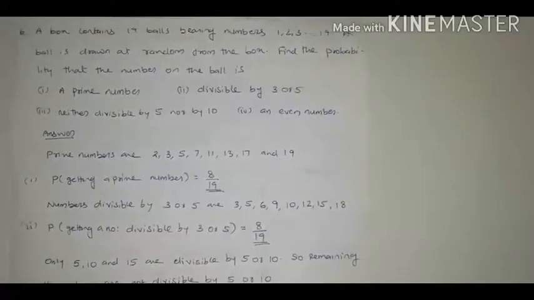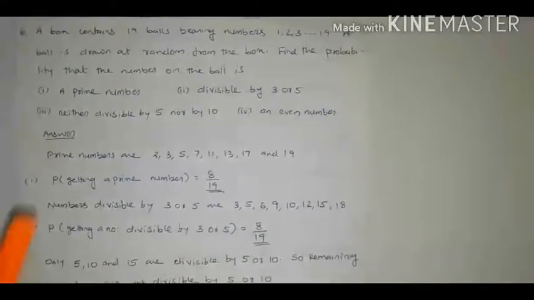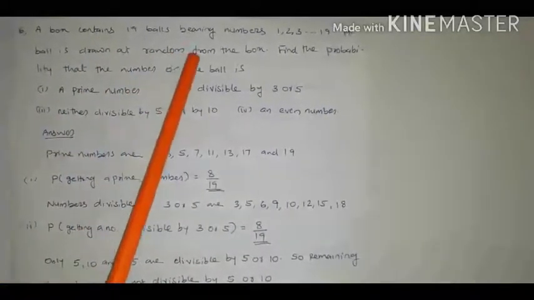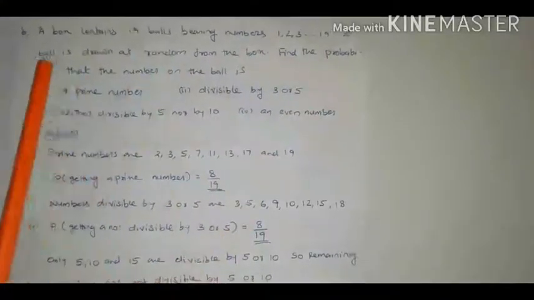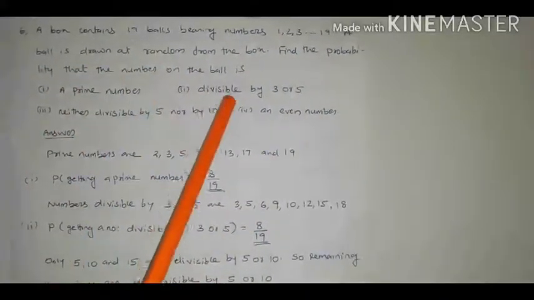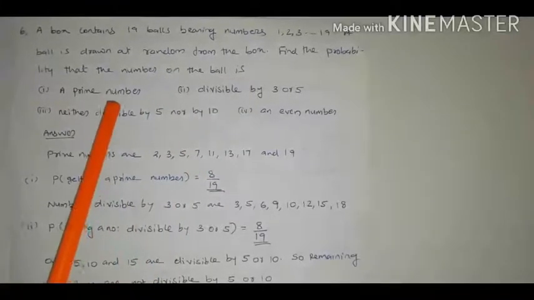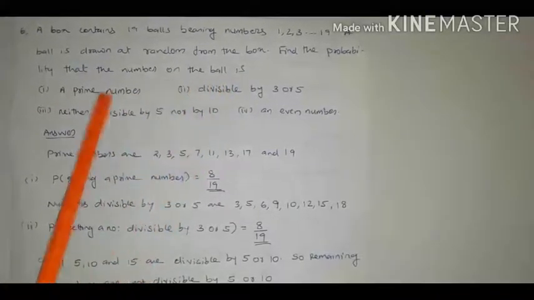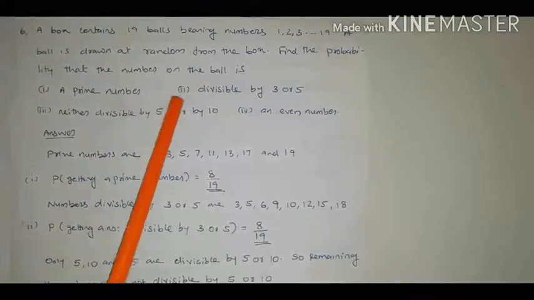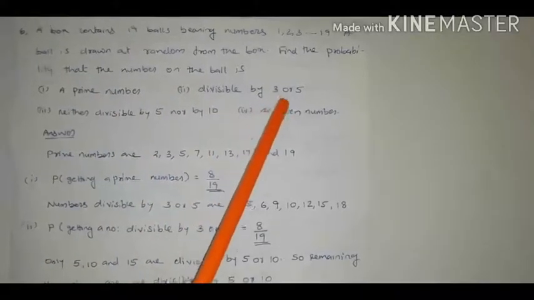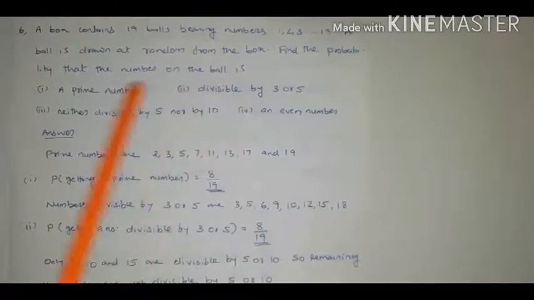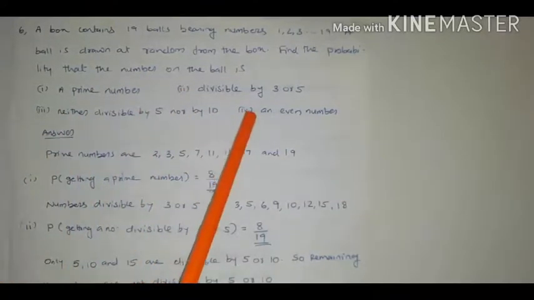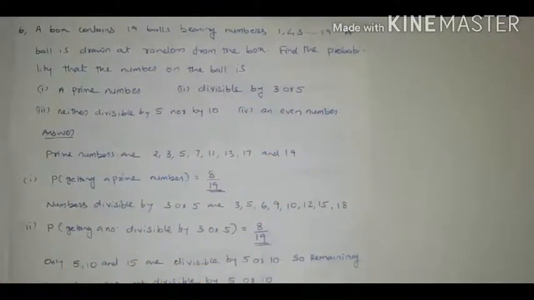And the next question: a box contains 19 balls bearing numbers 1, 2, 3 up to 19. A ball is drawn at random from the box. Find the probability that the number on the ball is: first, a prime number; second, divisible by 3 or 5; third, neither divisible by 5 nor by 10; and fourth, an even number.